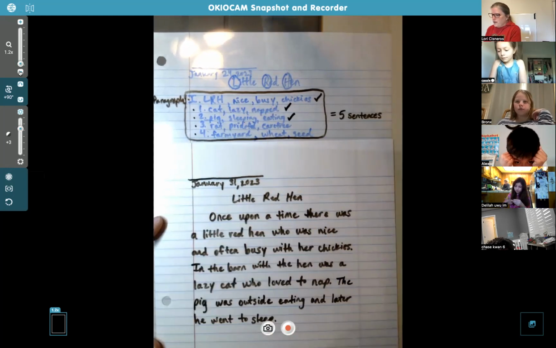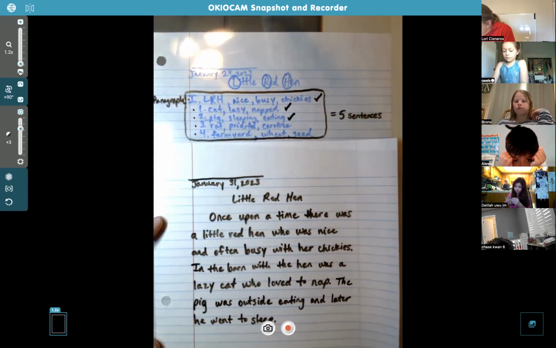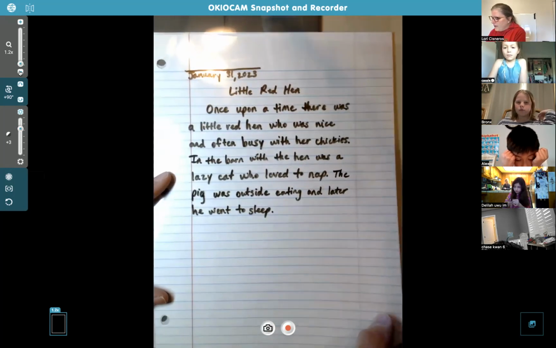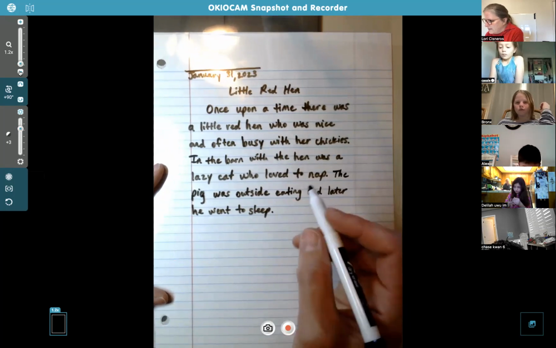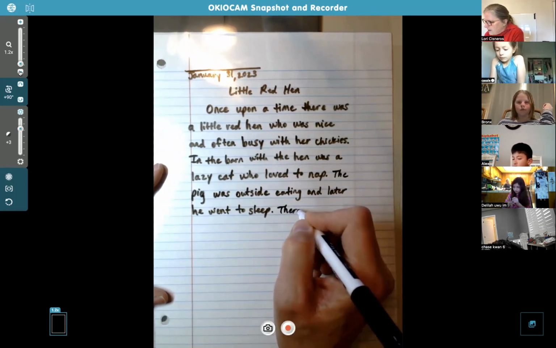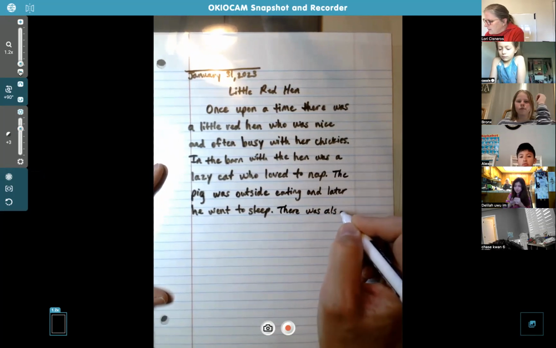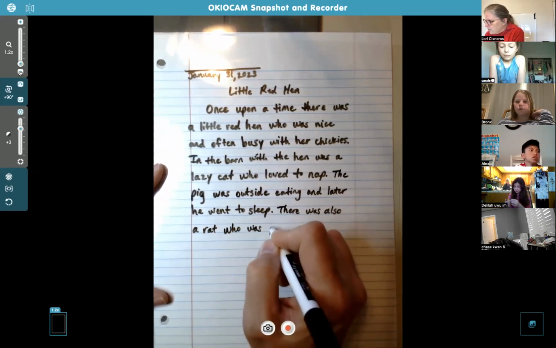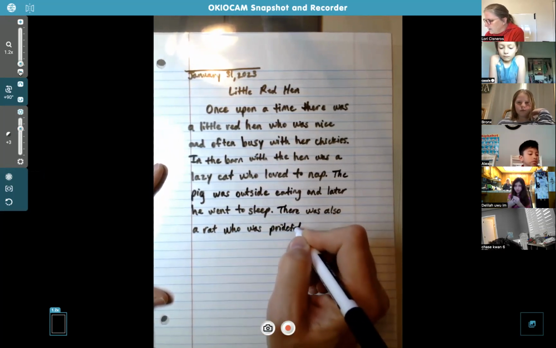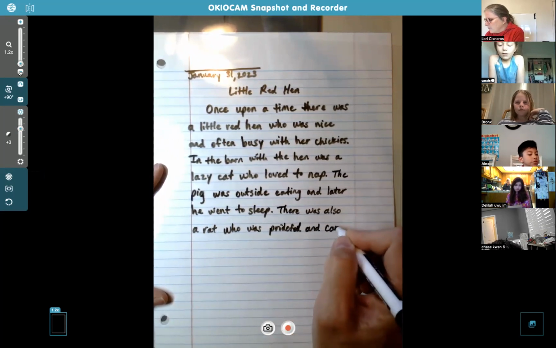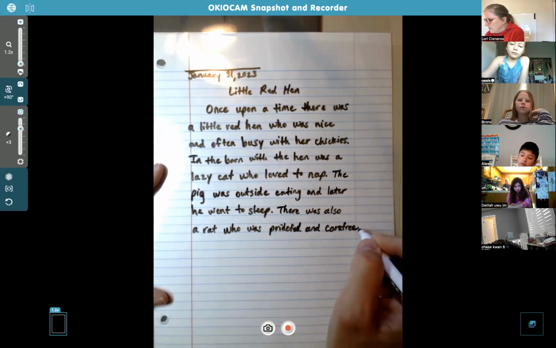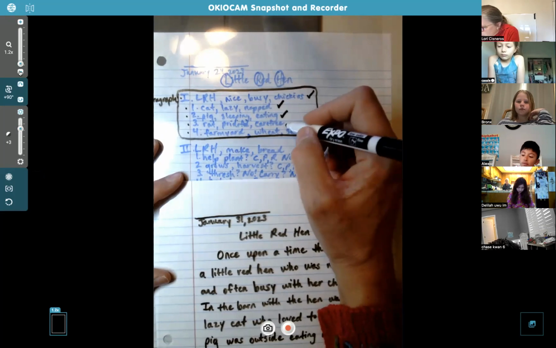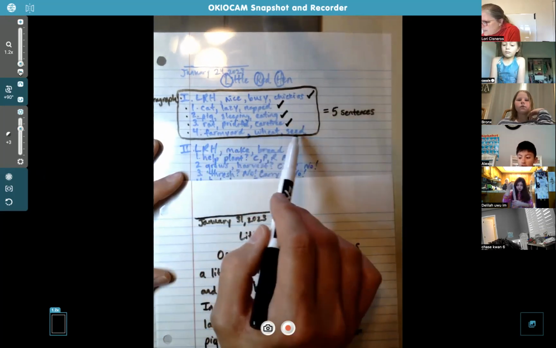And now we're introducing a rat. And the rat was prideful and carefree. So now I can say something about the rat. I can say now, there was also a rat who was prideful and carefree. All right. Last, got that one. One more sentence is farmyard, wheat, and seed.